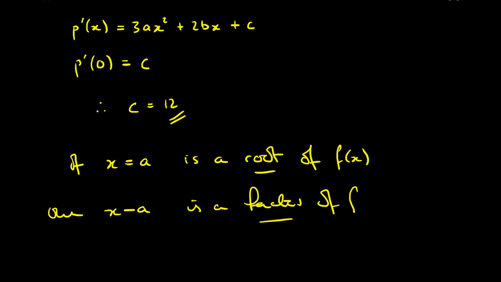Okay, that's the key idea. So if 2 is a root, x minus 2 is a factor. If 5 is a root, x minus 5 is a factor, and vice versa. If x minus 7 is a factor, then 7 is a root. And if x minus 10 is a factor, then 10 is a root.